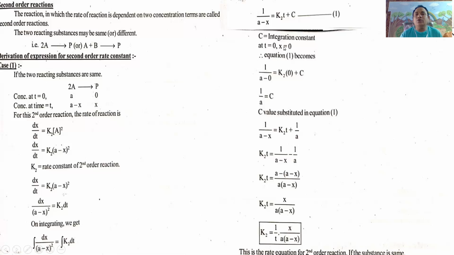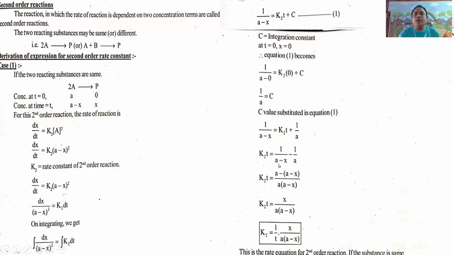Substitute these two values in the above equation, that is 1 by A minus 0 equal to K2 into 0 plus C, that is 1 by A equal to C. C is integration constant. This C value is substituted in the above equation number 1, that is 1 by A minus X equal to K2 into T plus 1 by A.